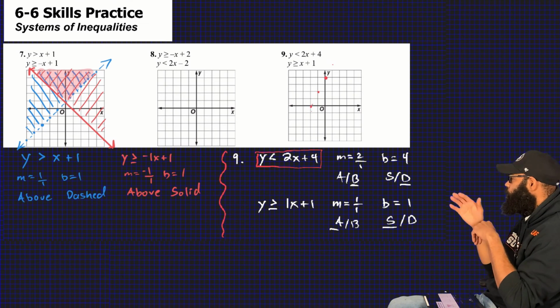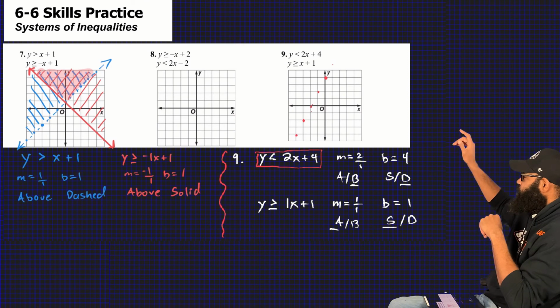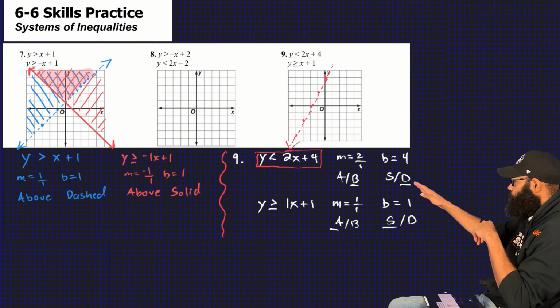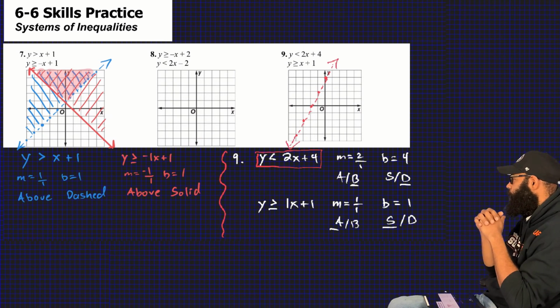So, start at 4, go down 2, back 1. Because if I started at 4, I can't go up 2 and to the right 1, unless I have no space. So do the opposite. Down 2, back 1, down 2, back 1, down 2, back 1. As many as I can. And then, of course, there's my solid line, new dashed line, because it's not equal to.